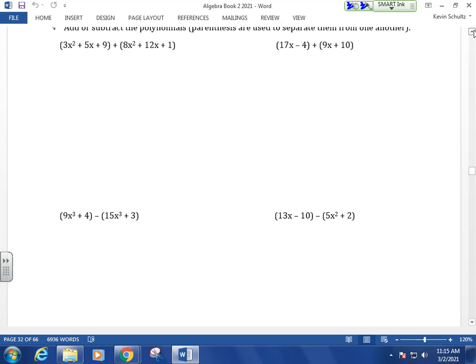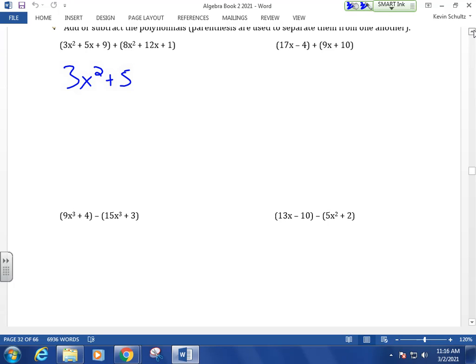Is there also an x squared term in the second one? Yes. There's an x term in the first one. Is there also an x term in the second one? Yes. There's a constant in the first one. Is there also a constant in the second one? Yes. Because every term has a like term in the other expression, we don't have to worry about any missing terms here. So we're just going to align them vertically.